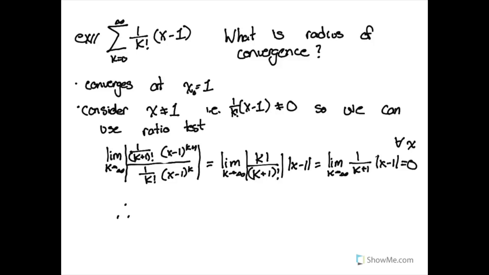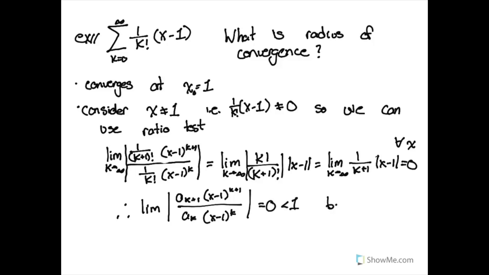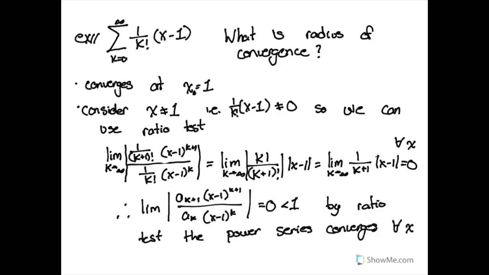So therefore, since this limit, the limit as k goes to infinity of a_(k+1) times (x minus 1) to the k+1 over a_k times (x minus 1) to the k, is equal to 0, which is less than 1, by the ratio test the power series converges for all x, because there's no x dependence in the limit.